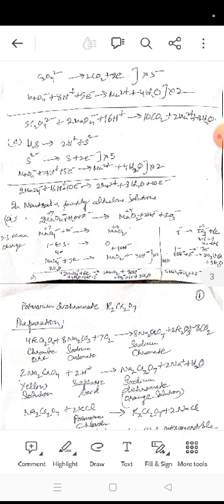So the charge on the left is minus 4, and on the right hand side it is neutral MnO2, so it is 0. So 4 OH- is added. For alkaline solution we add OH-. So MnO4- plus 3 electrons plus 2H2O gives MnO2 to balance the oxygen and hydrogen, plus 4OH-, all into 2.